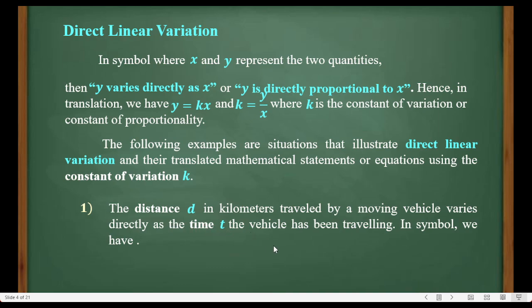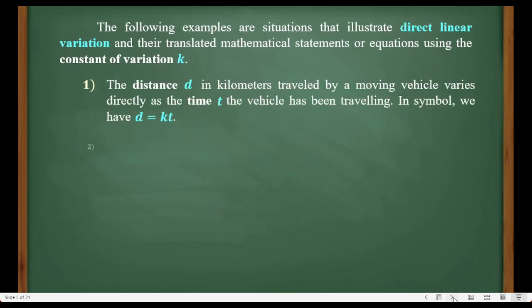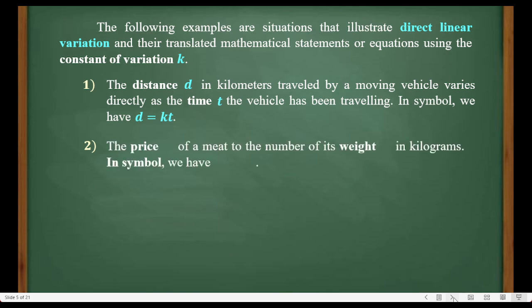So again, let us read the situation. The distance d, in kilometers, traveled by a moving vehicle varies directly as the time t the vehicle has been traveling. So if we translate this mathematically, we have d is equal to kt. Next, we have number 2, the price of meat to the number of its weight in kilograms.